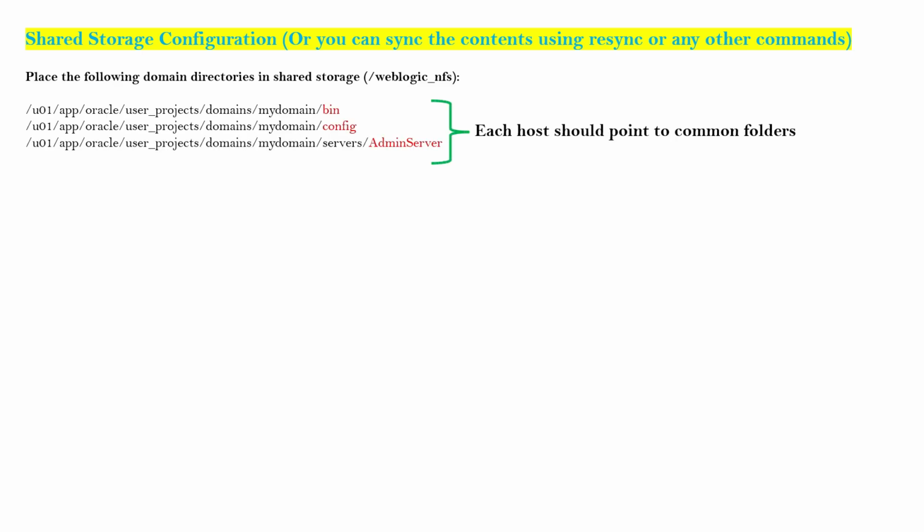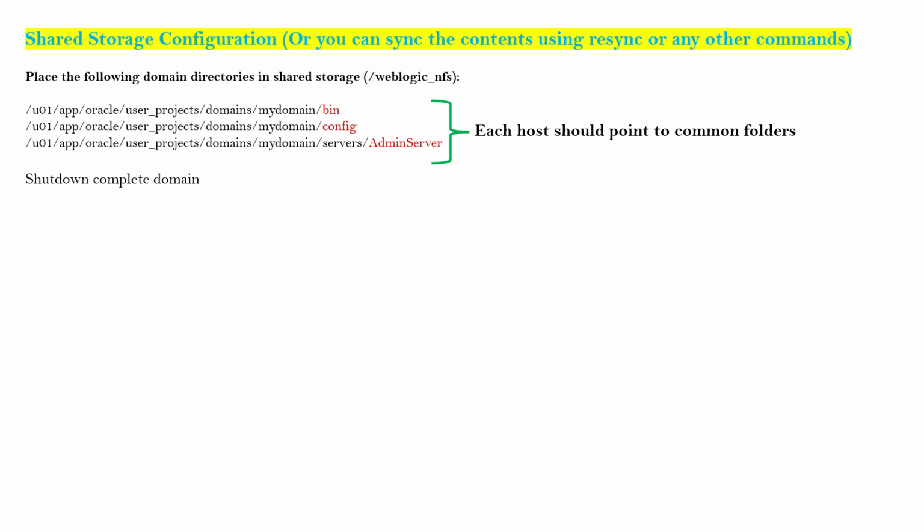The three important directories that should be on the shared storage are the bin folder inside your domain, the config folder inside your domain, and then your admin server folder, which contains the runtime information of your admin server. So these are the important directories that you should have on the shared location, so that they can be accessed from any host. Because if your admin server is down on host 1, which you are going to start from host 2, these directories should be accessible from host 2 as well, right?